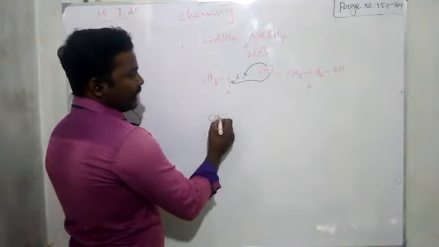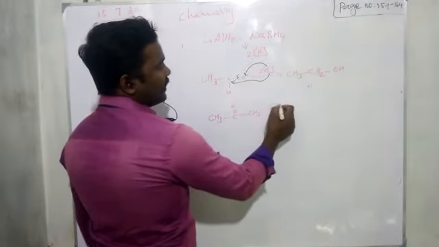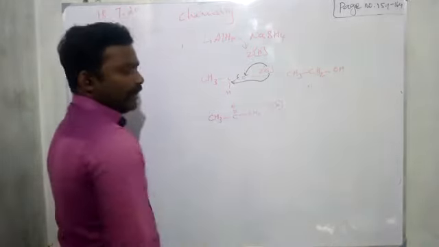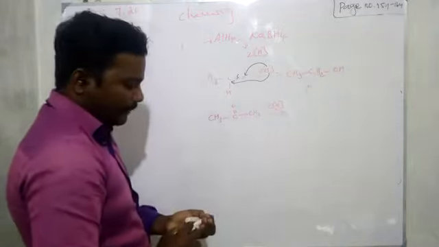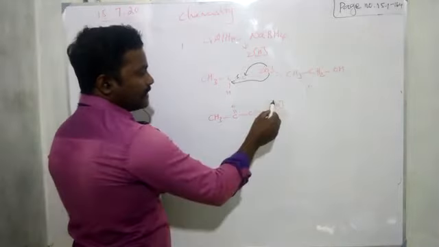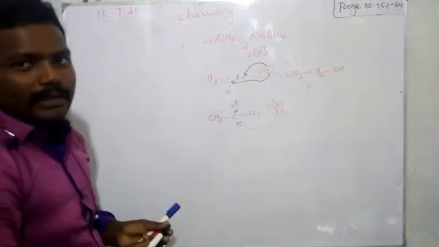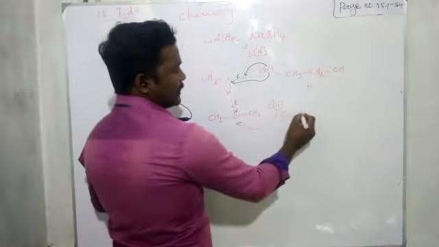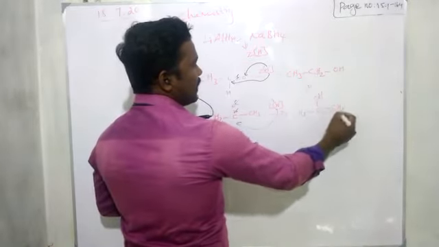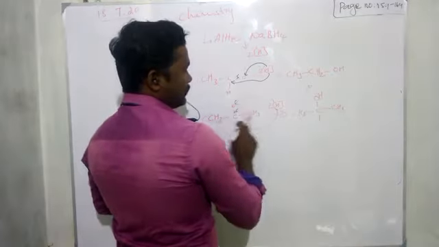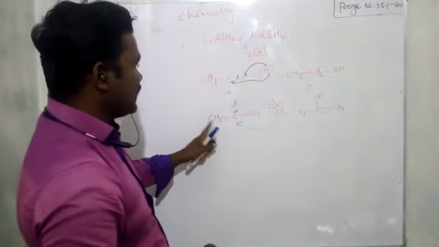The same way, if you take a ketone, on reduction what will happen? It will give the same 2 hydrogen. Any one we can take. Then the same way, on the carbon, one hydrogen we can add to the oxygen, another hydrogen add to the carbon, so the double bond becomes a single bond. So what is the product? CH3, CHOH, CH3. Sorry, that is wrong. Only CH3.